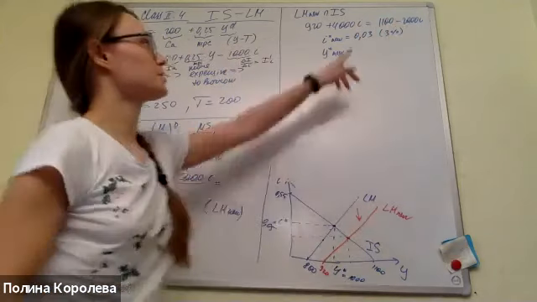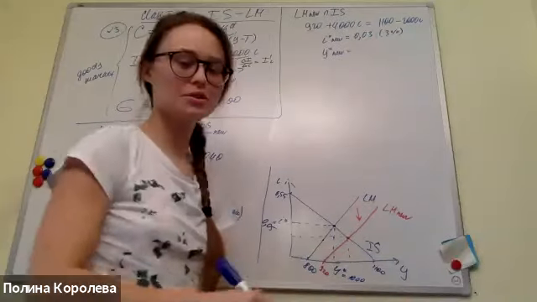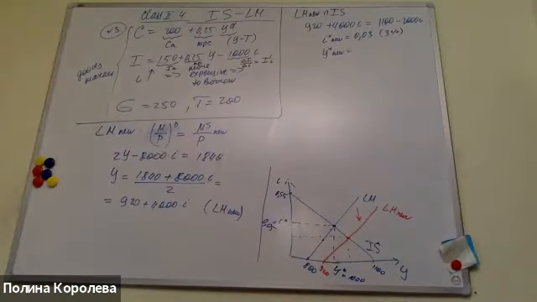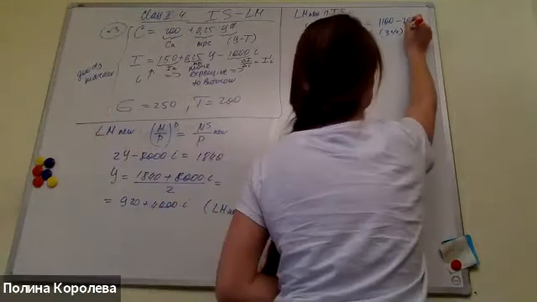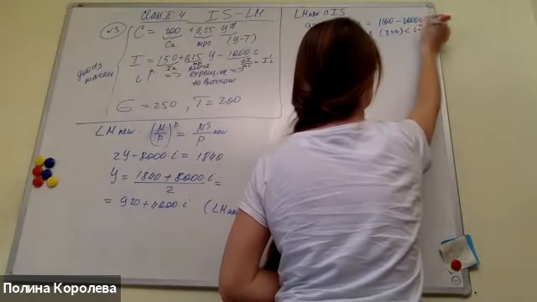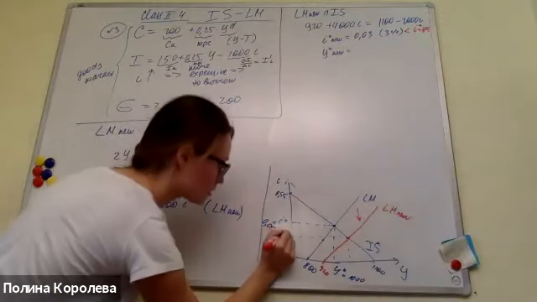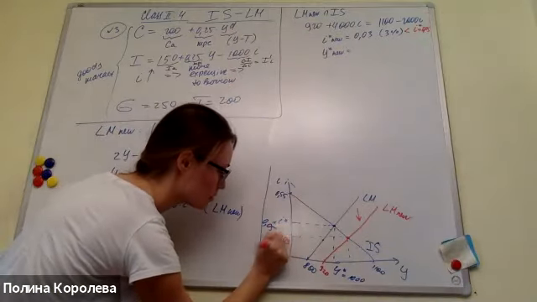Then we put this new interest rate, which is lower than before. Let's compare: it is lower than the 0.05 that was before, so here 0.03.